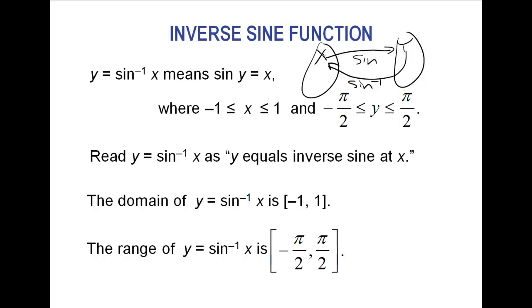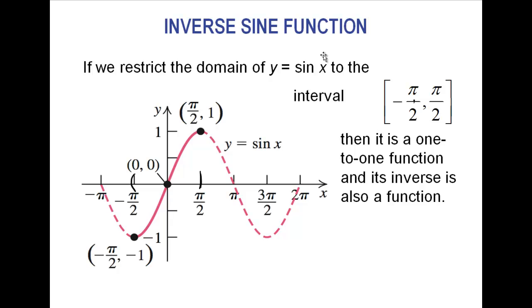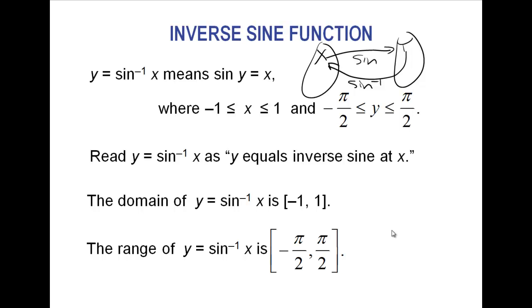If you look at our picture, this is our domain, our range, right, is from minus 1 to 1. So when we flip it and do the inverse, we're now going to have a domain of minus 1 to 1 and a range of minus pi over 2 to pi over 2.